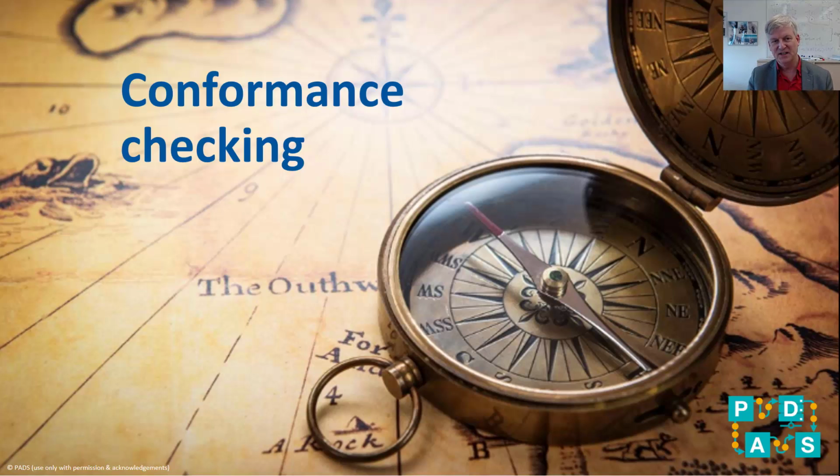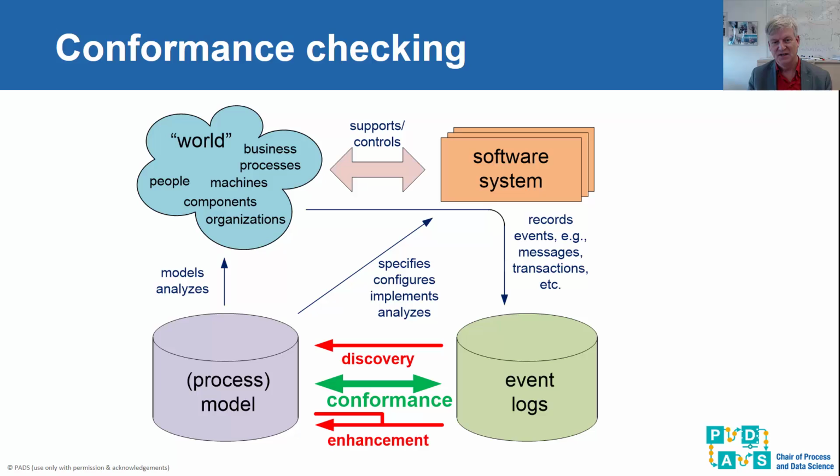So the first technique is conformance checking, and it is different from discovery in the sense that we have a model and we would like to see, okay, does reality behave as we have described it in that model?